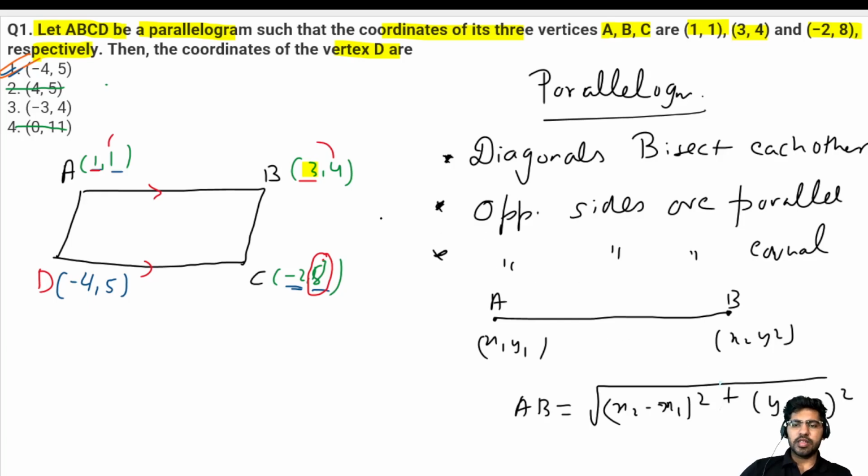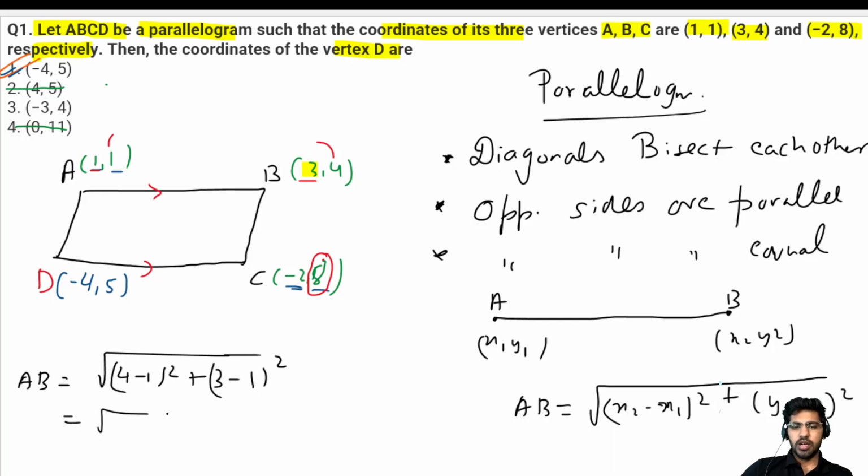So if I look at the distance of line AB, what is the distance of line AB here? It is going to be 4 minus 1 whole square plus x2 minus x1, that is 3 minus 1 whole square. This comes out to be nothing but under root of 9 plus 2 square is 4, that is root 13.